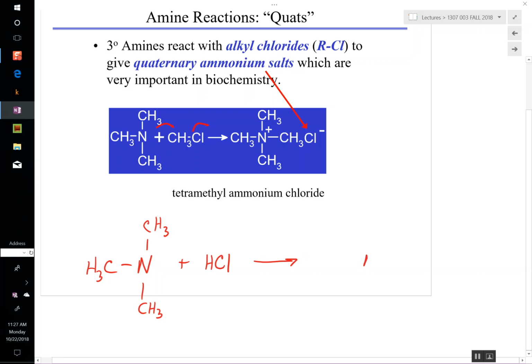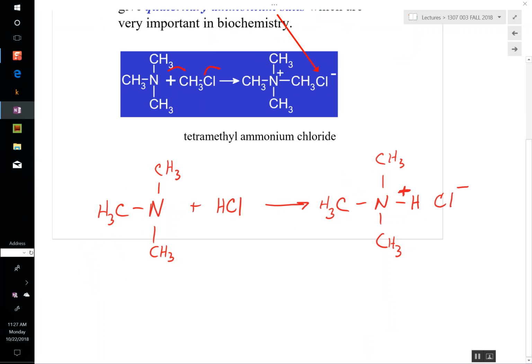And we're going to get a hydrogen right here. And is there going to be a plus charge on this thing, and we're going to get a chloride. And so what we would have here is this is trimethylamine plus HCl.